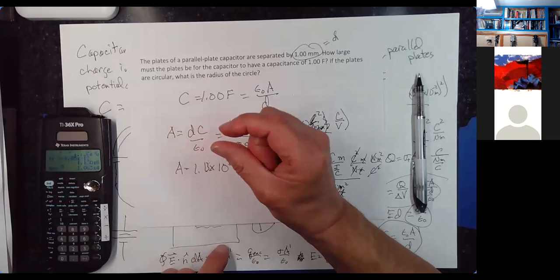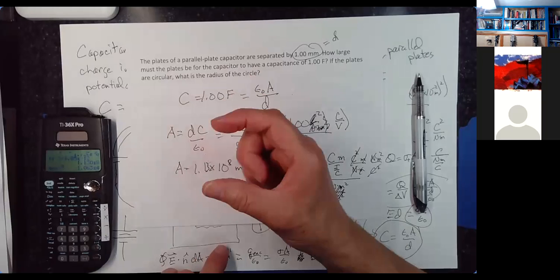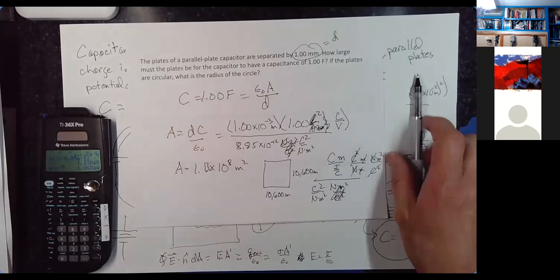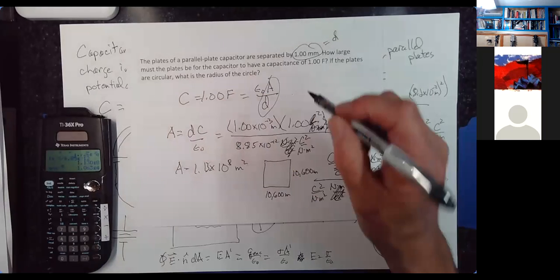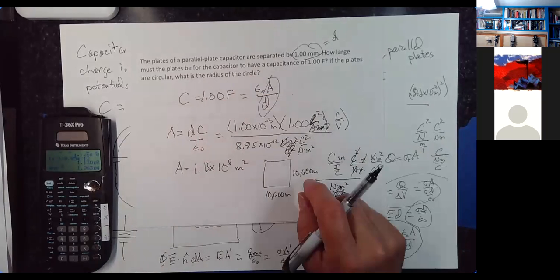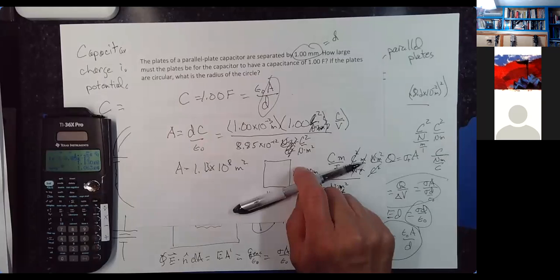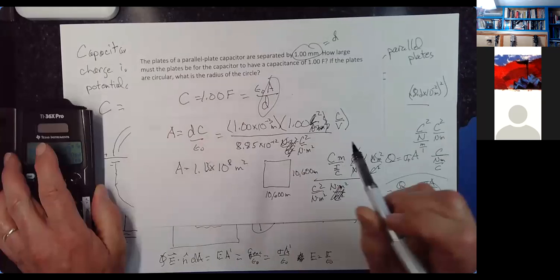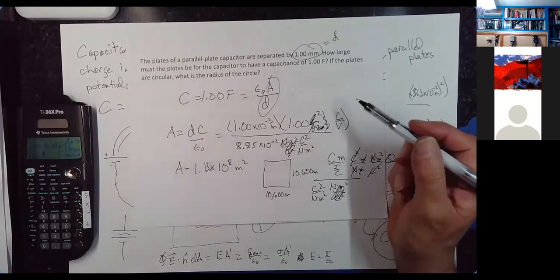Inside that little mint-sized object, about the size of a Girl Scout mint, there's something that somehow gets a very large area to separation ratio. One way you can do that is to use a plastic film between the two conducting plates, or something like Teflon maybe. That's a way that you can bump it up.